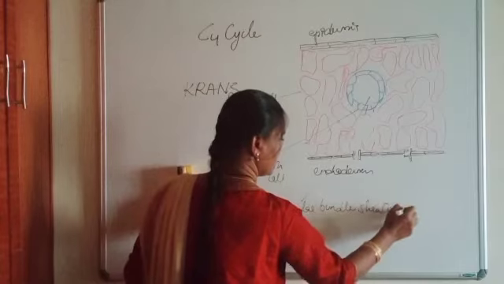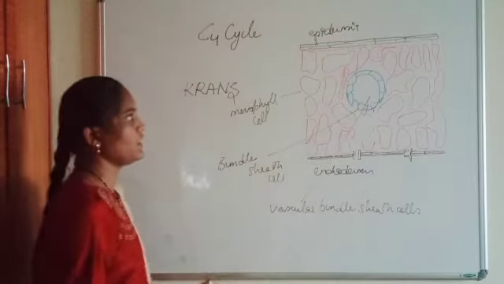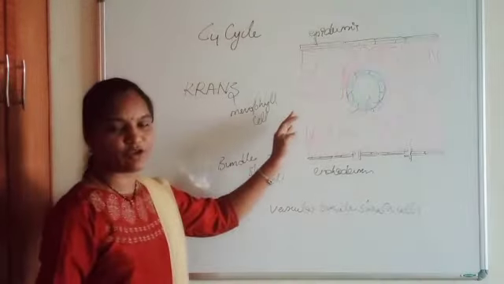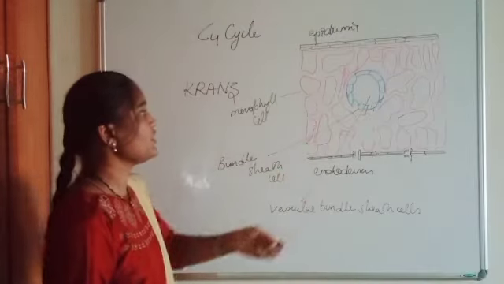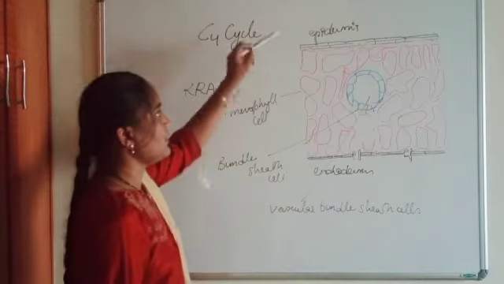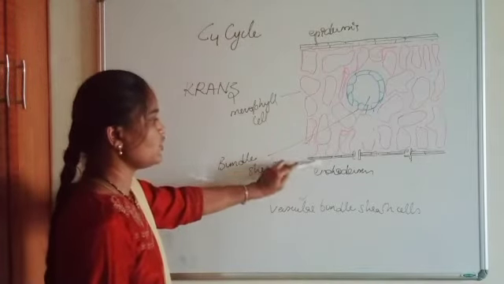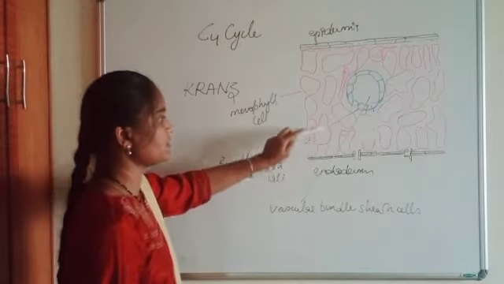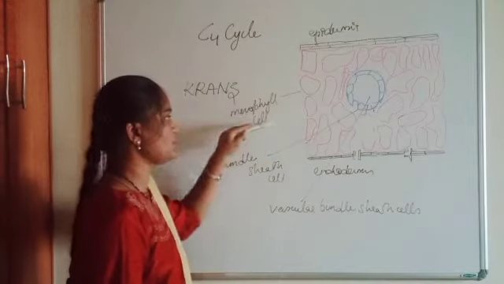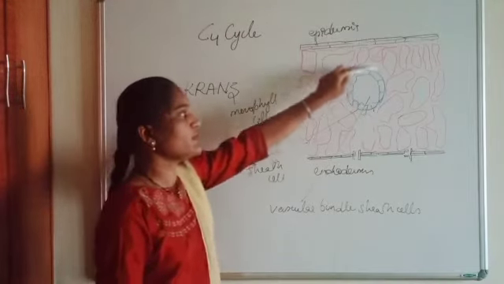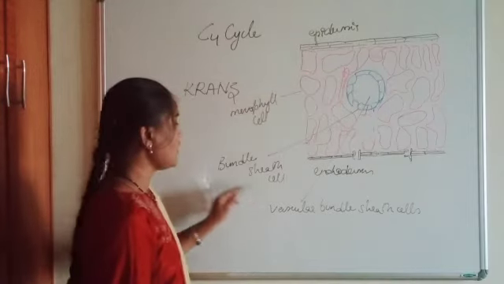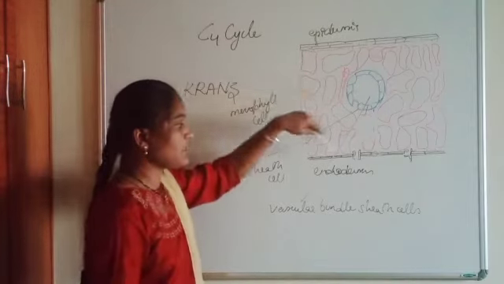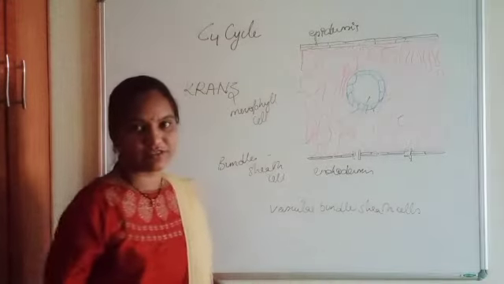So this is the anatomy of the leaf of a C4 plant. This is the upper epidermis and this is the lower epidermis, the red cells are mesophyll cells, and this blue wreath-like condition, the Kranz anatomy, is the bundle sheath cells surrounding the vascular bundle.